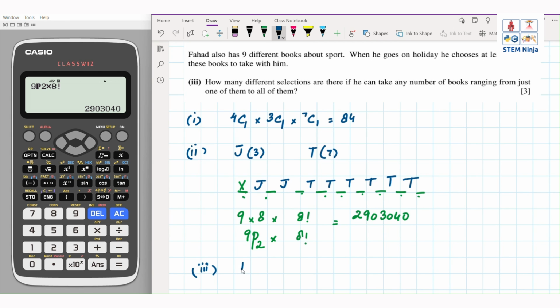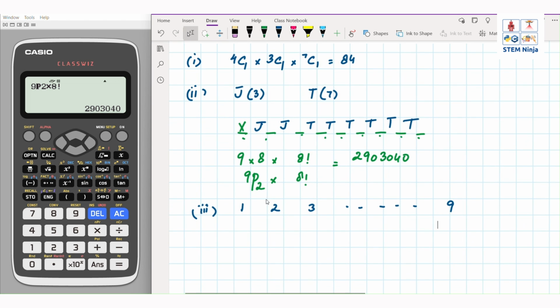He can take one, he can take two, he can take three, up till he can take all 9 of them. So what we can do over here is 9C1 plus 9C2 plus 9C3, and it will carry on up until 9C9.